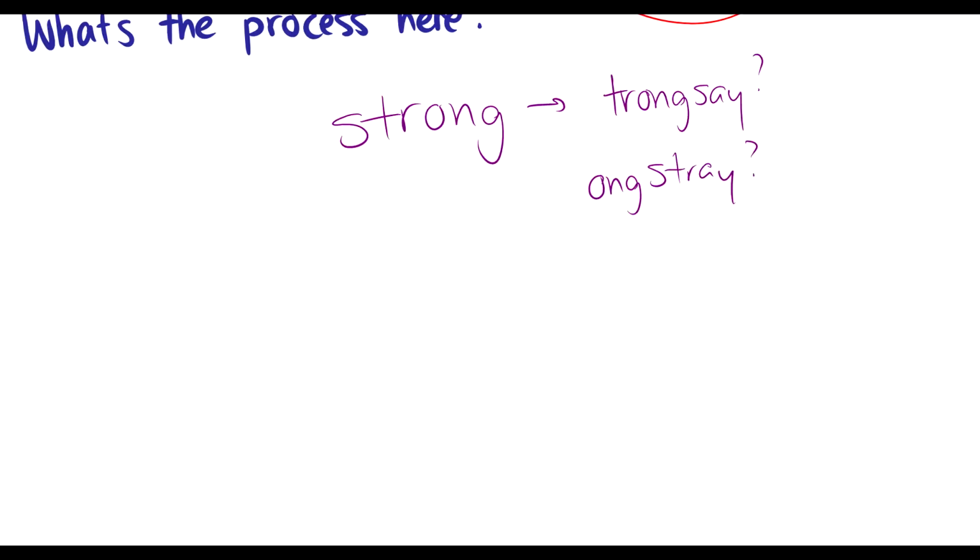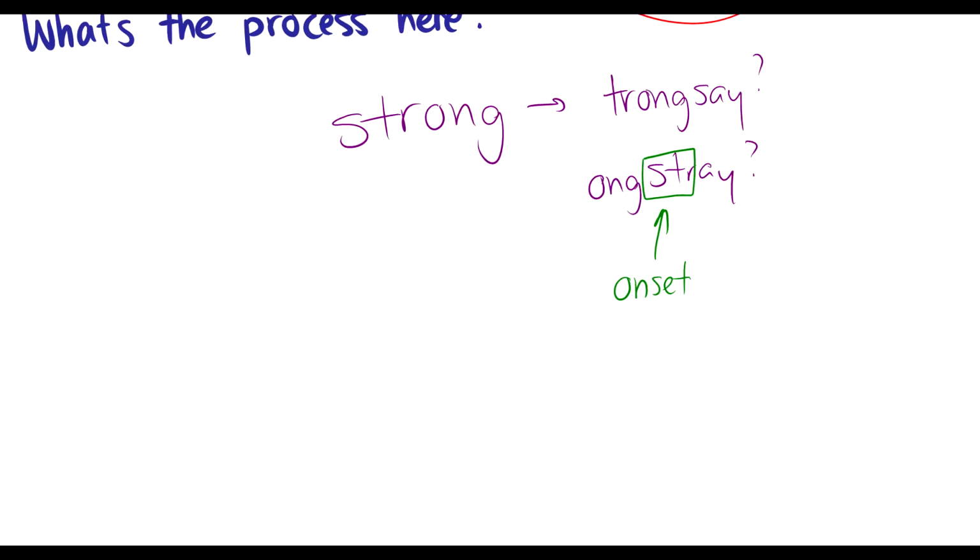So the idea here is that English speakers would, without a doubt, people who don't know the formal rule would say ong-stray. Now what does this mean? This means that the onset in English is real. This onset is a real part of syllable structure.